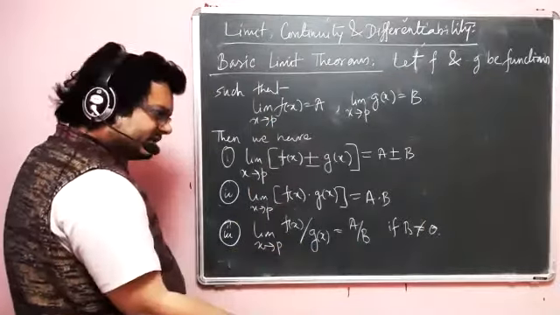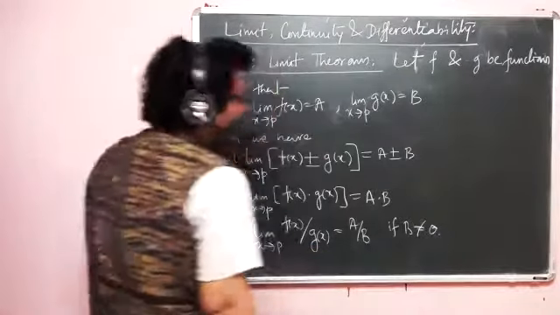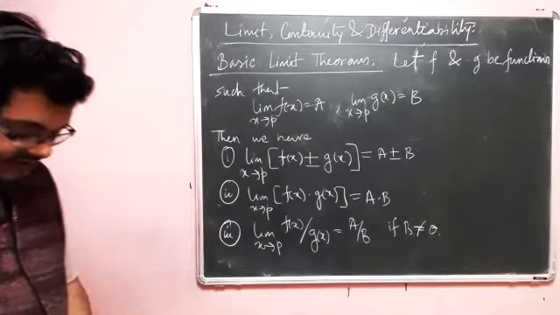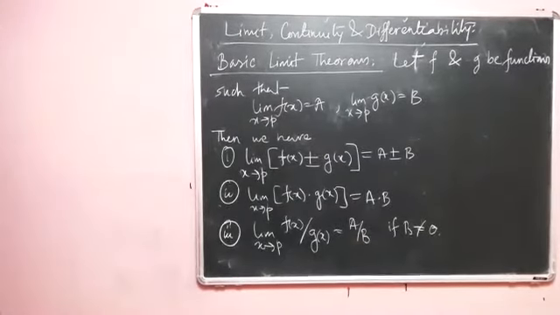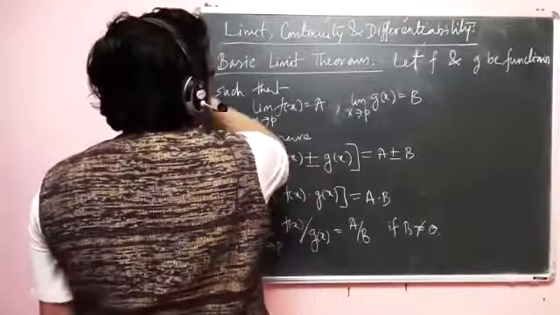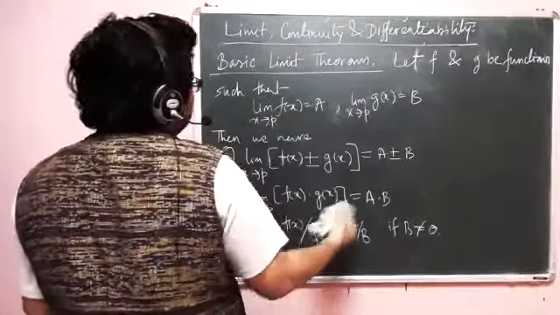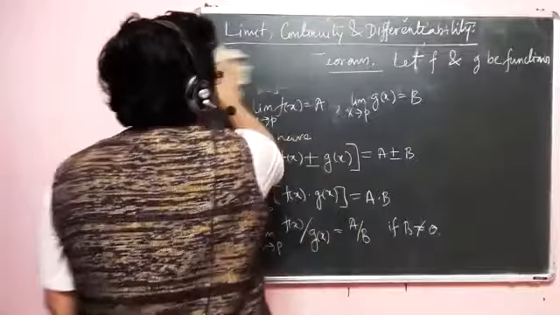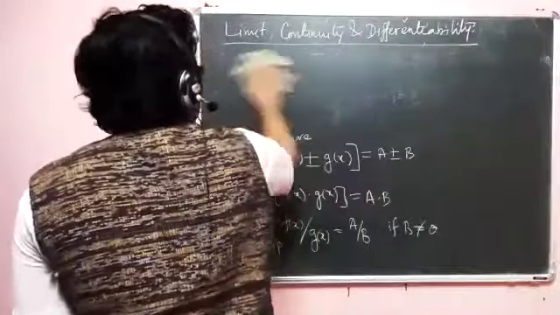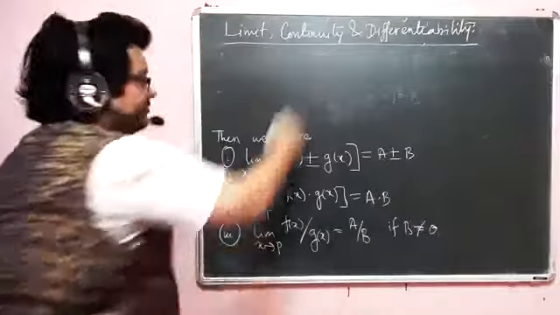I'm saying it may exist, but it cannot be equal to 0. So these are the three basic limit theorems. I actually combined two results into one. And we'll now go to a result which is based on the concepts of limit, a result which involves limit, and I think that you have actually seen that one also.